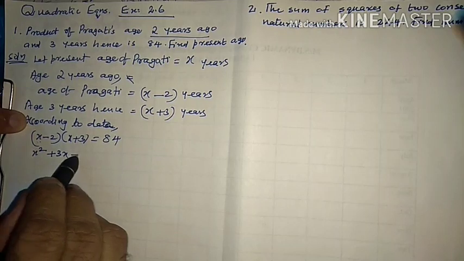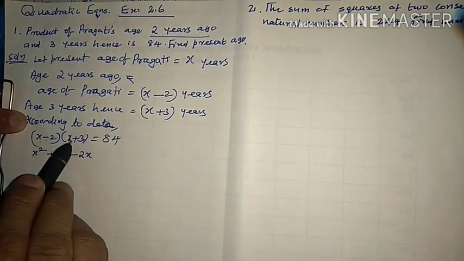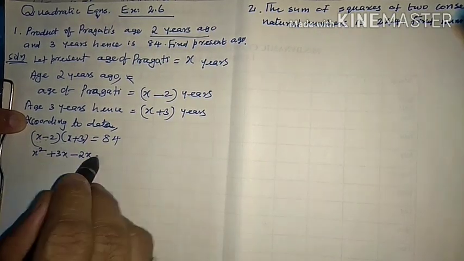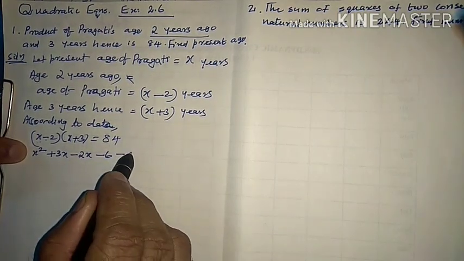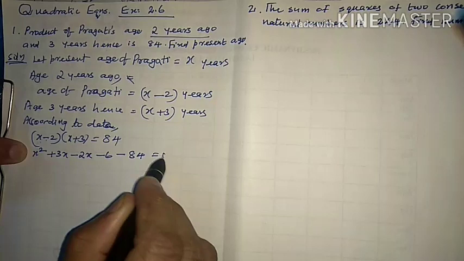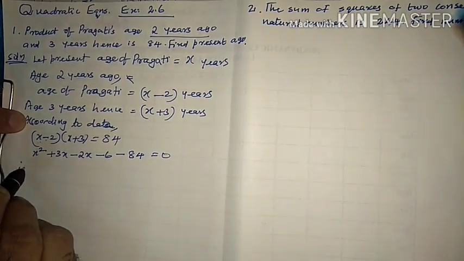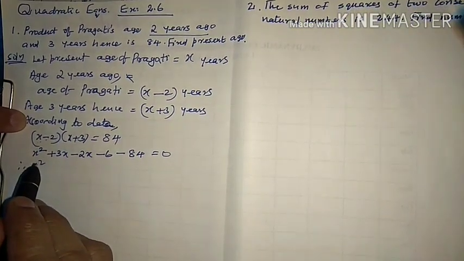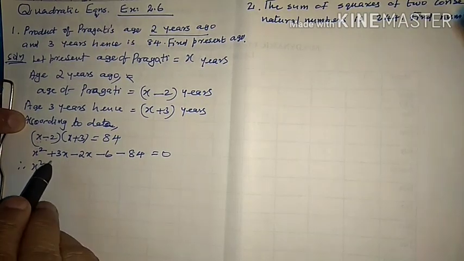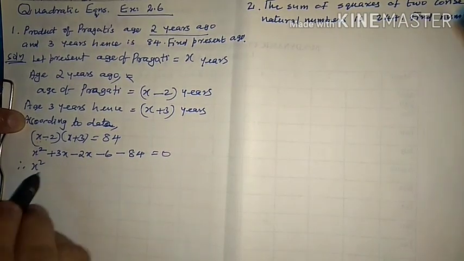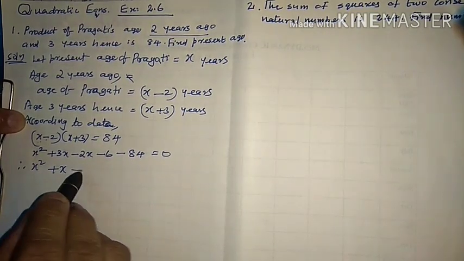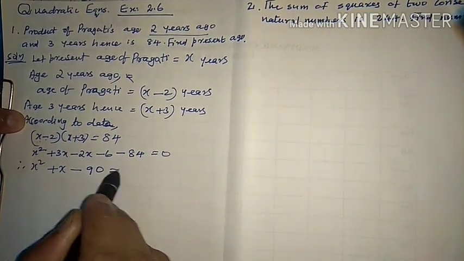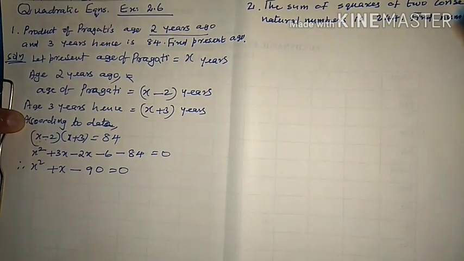Minus 2 into x, minus 2x. Minus into plus, minus, 2 threes are 6, minus 6. This 84 we take to the left hand side, minus 84 equal to 0. Therefore x square plus 3x minus 2x is plus 1x, minus 6 minus 84, minus 90, equal to 0.